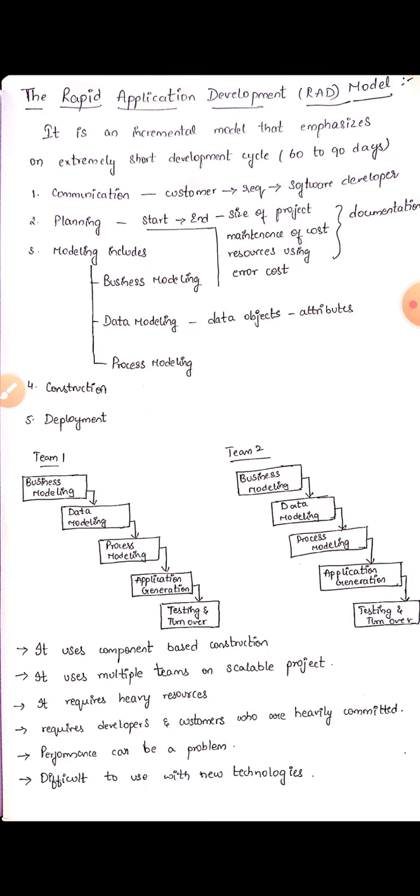Today I am going to start a new model, that is the rapid application development model. Actually this model is used to develop a software product within a short period of time. If we want to develop a software in a short period of time, then we opt for rapid application development, nothing but the RAD model.